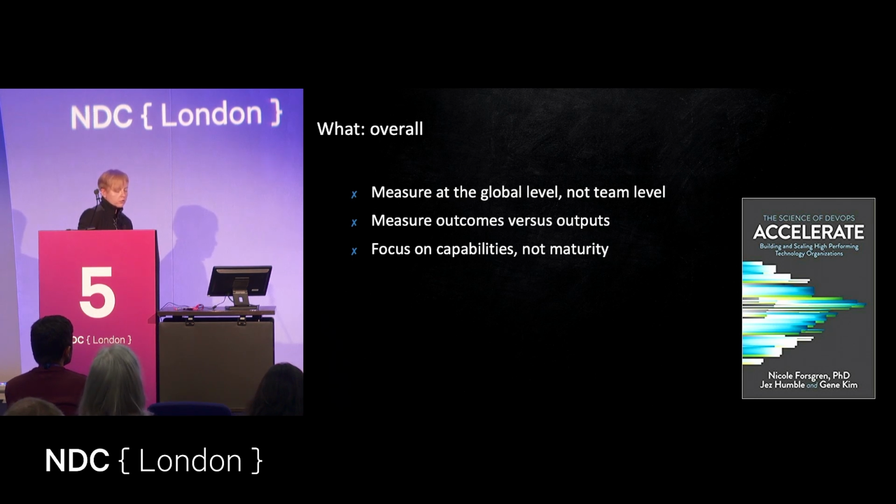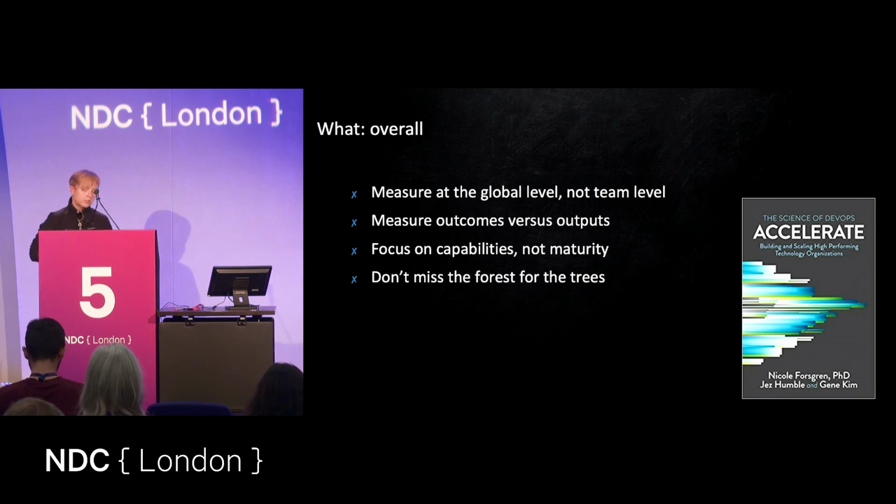So rather than focusing on the beginner, intermediate, expert level, let's look at what capabilities you have in the organization, in your team, and so on. Don't miss the forest for the trees. That's what we discussed already, like focusing on the wrong priorities, getting obsessed with one security tool when actually you do have other problems.